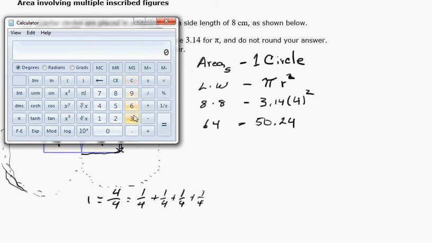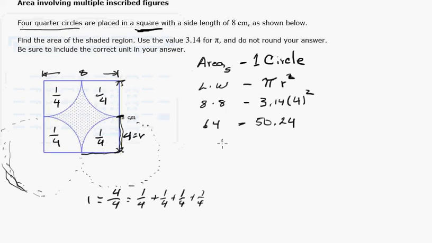Clear. 64, right? 8 times 8, 64, minus 50.24 equals 13.76. So 13.76, and this is also centimeters, so centimeters squared.